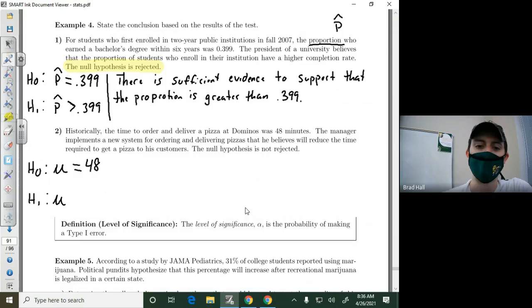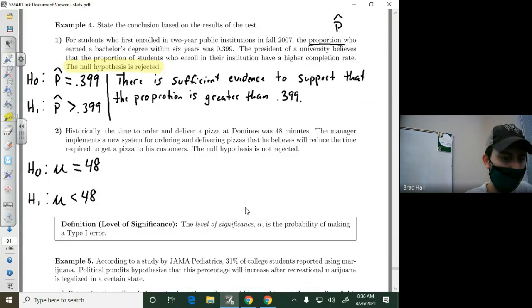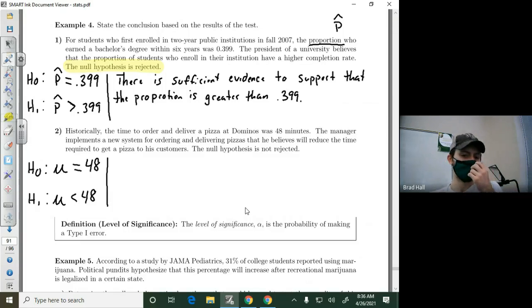The assumed mean is 48 minutes, and the alternative is to reduce the time, so less than 48. And then they say the null hypothesis is not rejected. So then the question is, would there be sufficient evidence to then say that the mean time is 48 minutes? Seems kind of tricky. The answer is there is not sufficient evidence.